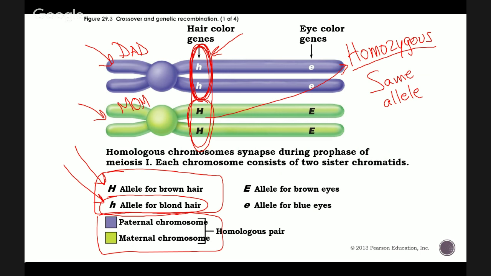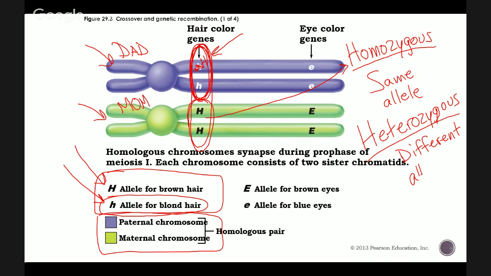Also homozygous, because the letters match. If we had, instead of a lowercase h here, an uppercase, then we have uppercase and lowercase. Now the alleles are different. So we would call that heterozygous. Okay, so they're different alleles, non-same alleles. Right?